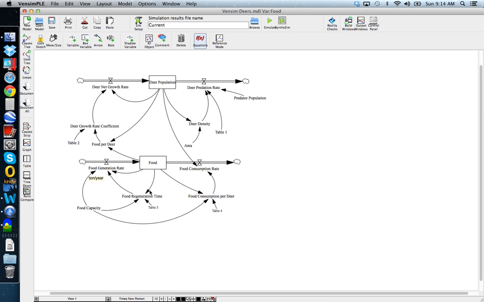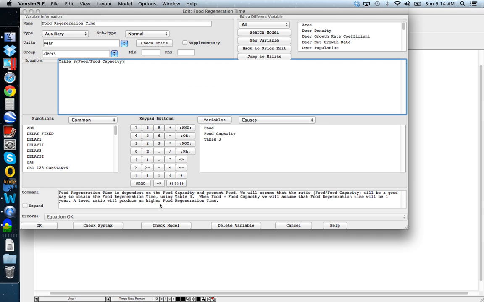The food generation rate has a couple of variables associated with it. There's a variable referred to as the food regeneration time, and the assumption here is that food actually grows naturally in the plateau. Let's take a look at that variable. It's given by a table, and I'll go back to this, but I have put a little comment here to define it.